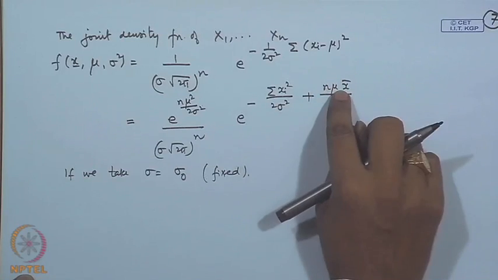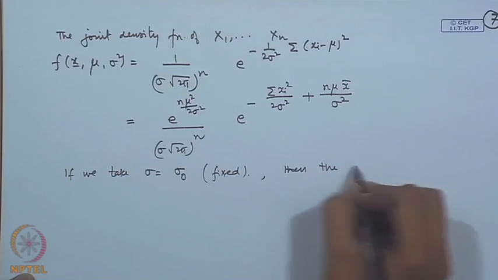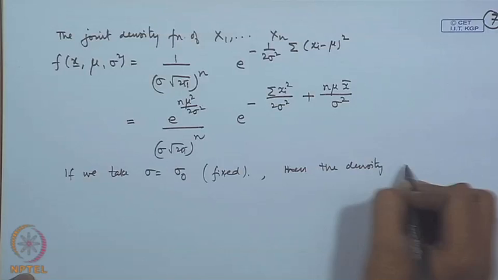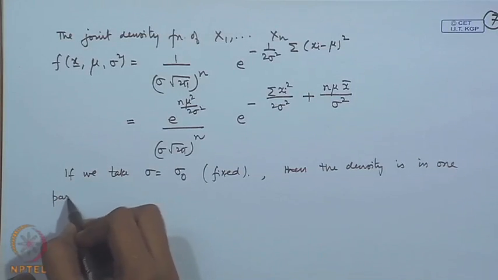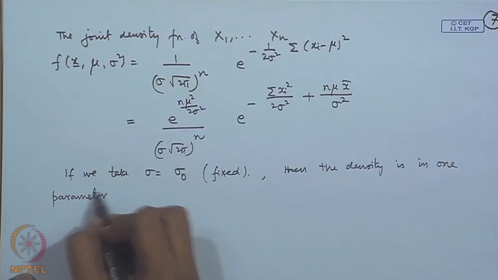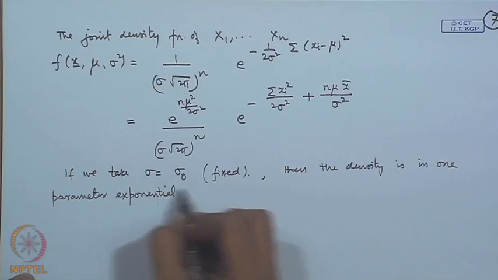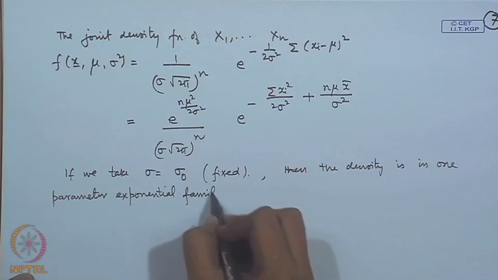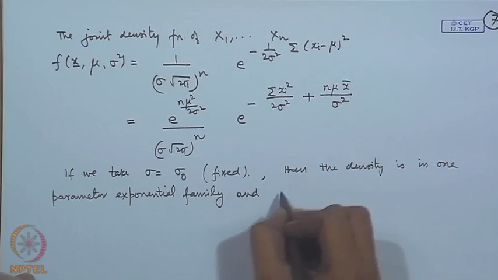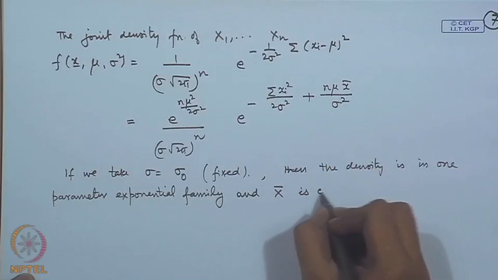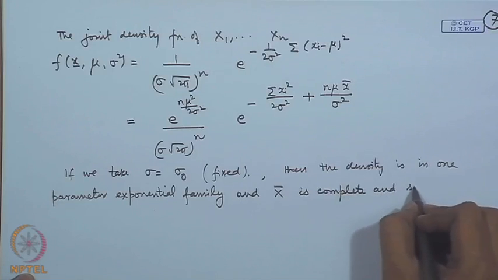So, this is a 1 parameter exponential family. Then the density is in a 1 parameter exponential family and x bar is complete and sufficient.